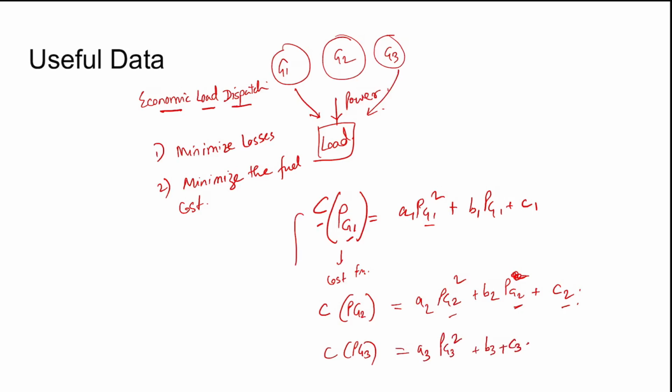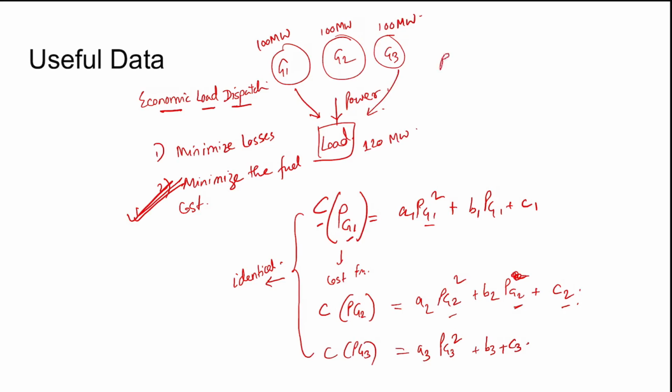Now it is given in the question that these three are identical, so minimizing the fuel cost is solved. Why? Because any amount of power you generate from any one of the generators, the cost incurred to generate it is the same, since they are identical, so you can use any one generator. All these generators are 100 megawatt capacity, so you can use any one of them to feed this 120 megawatt of load.